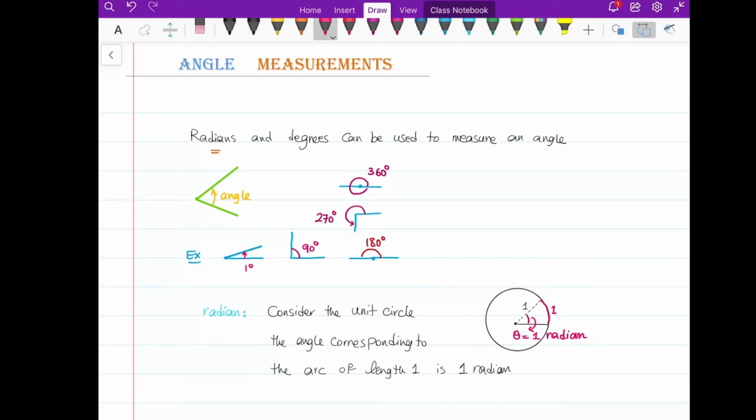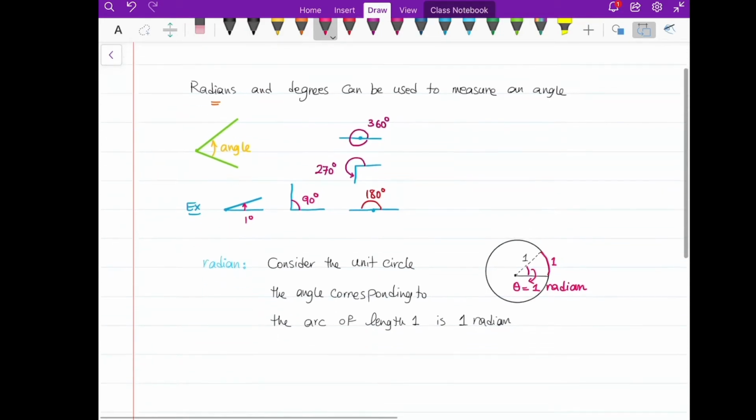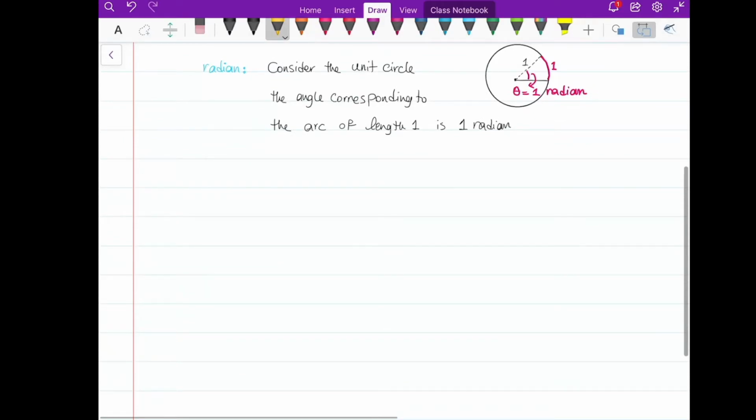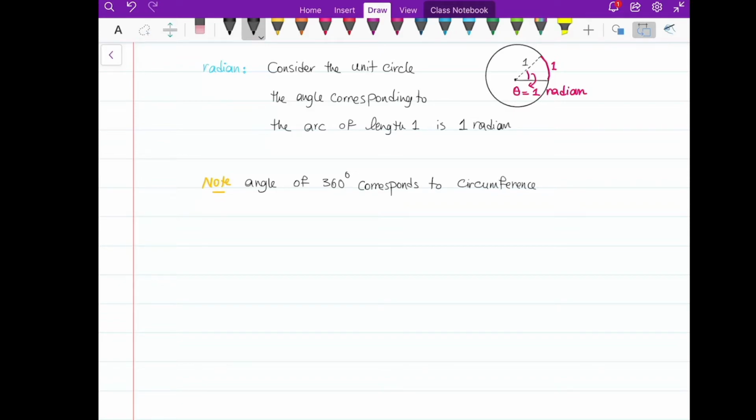Okay, good. Now let me give you a note. The angle of 360 degrees corresponds to the circumference of the unit circle.